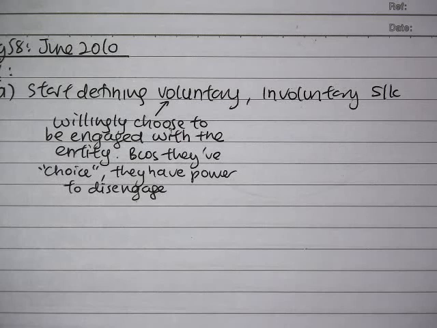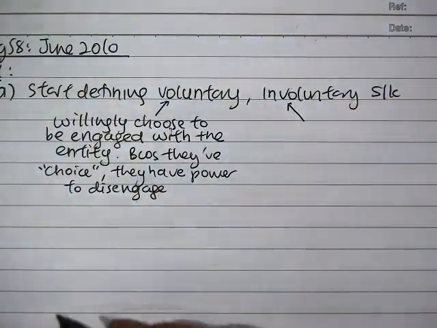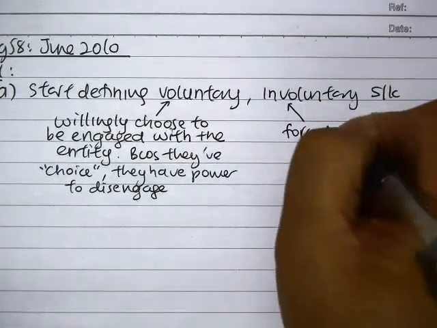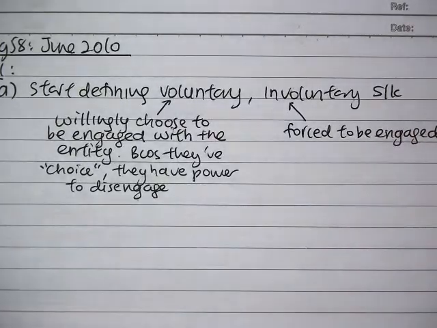Okay, now, so I don't think this is difficult, it's quite simple. You just have to follow what you learn. So what is voluntary? These are those who willingly choose to be engaged with the entity.